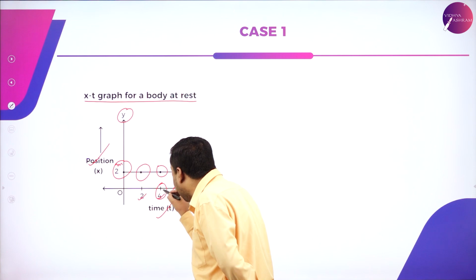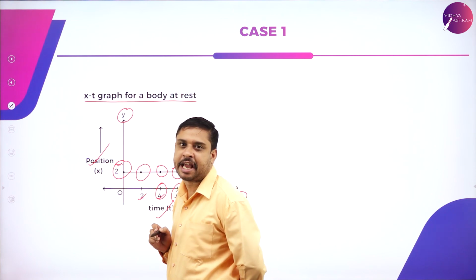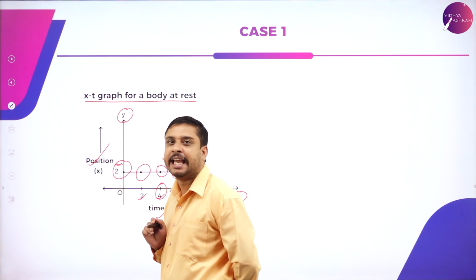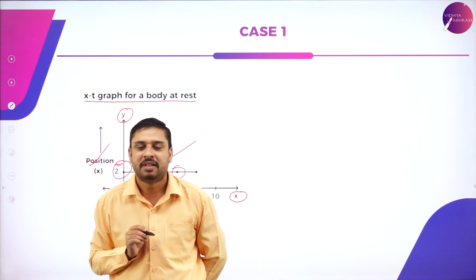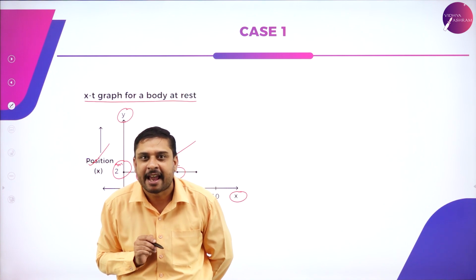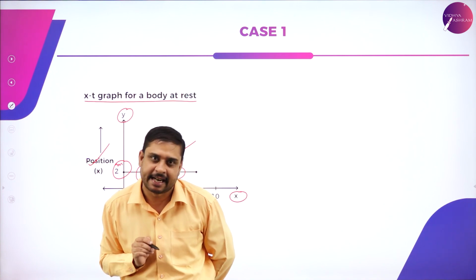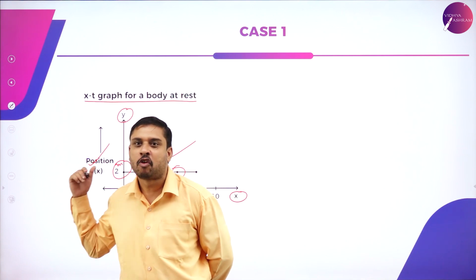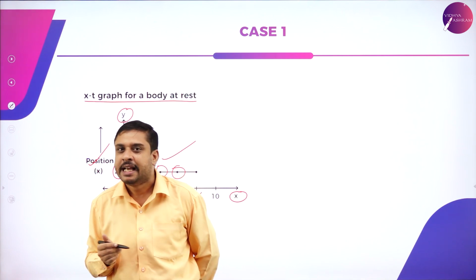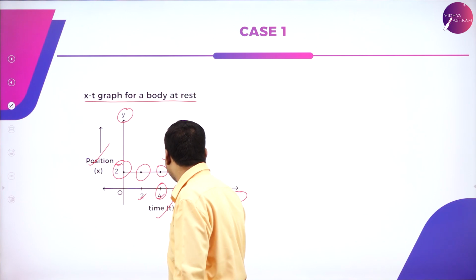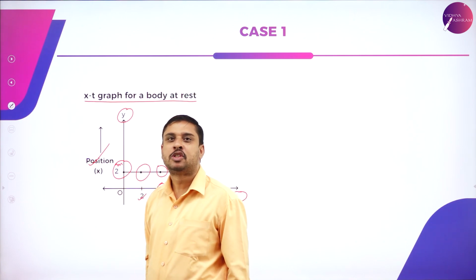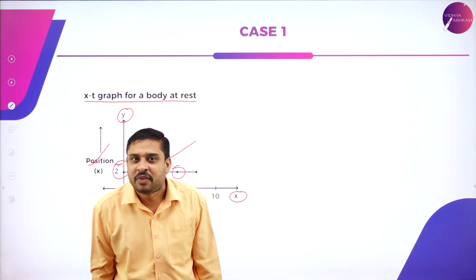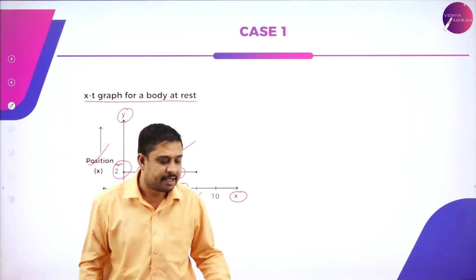So whatever is the interval of time, the position of the body is the same. Therefore, we say the body is at rest. So, how do I define rest from the given graph? Any interval of time, the position of the body remains same, then we say it is at rest.